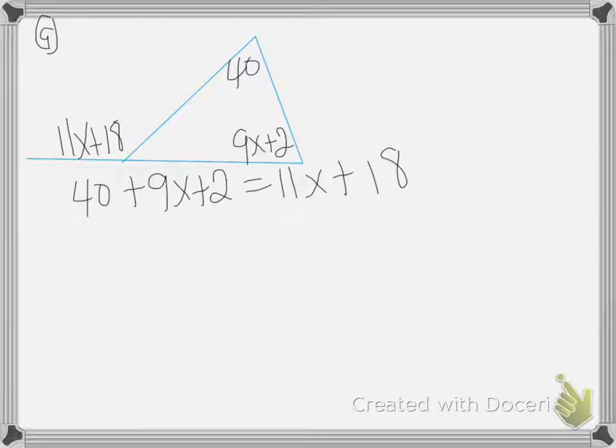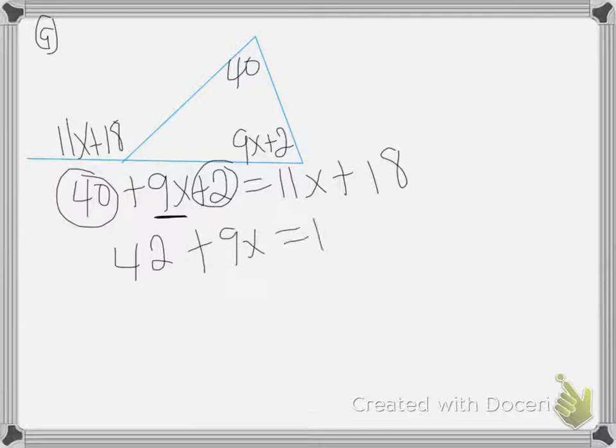You set it up good, but you screwed up right here. This is a 9x, Emily. You can't take out the 9. It's only the 40 and the 2. 40 plus 2 is 42. On your work, you added 40 plus 9 plus 2. You got 51, so that's where you messed up. Anyways, 40 plus 2 is 42. Bring down the 9x equals 11x plus 18.